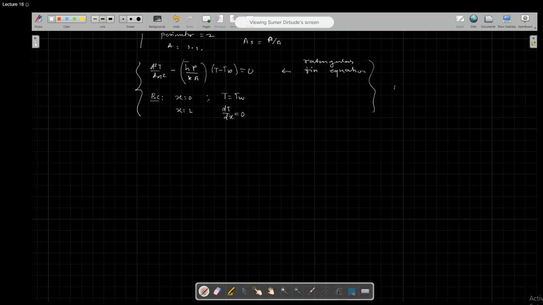And for this problem, we know the analytical solution. Though we know the analytical solution for this problem, our interest is to solve it numerically, so that we can compare our numerical solution with the analytical solution and see that numerical solutions are also equivalent to getting the solution by the analytical method.